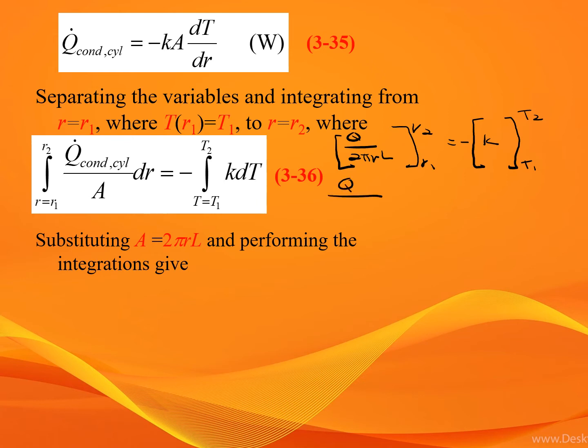So after integrating, okay, so this is 1 over R, right? So 1 over R, it will become ln R after integration. So put L here. 2 pi L times ln R2 minus ln R1, right?